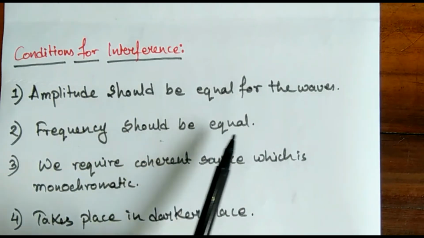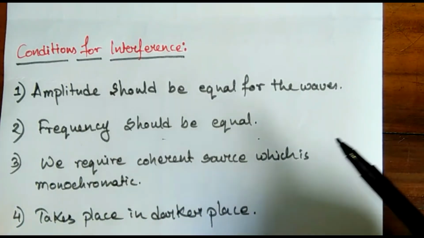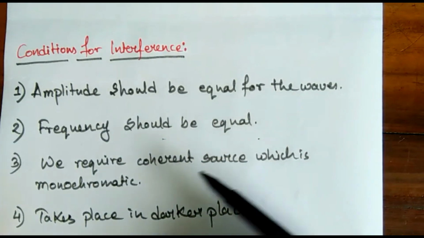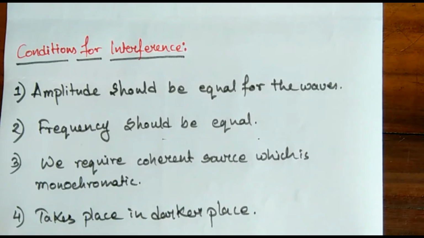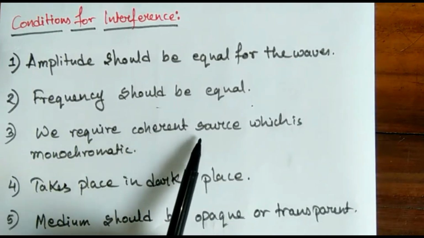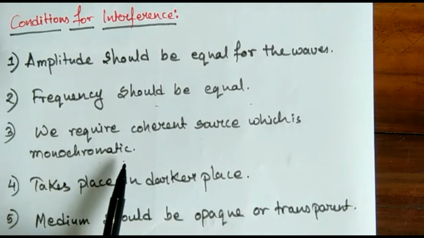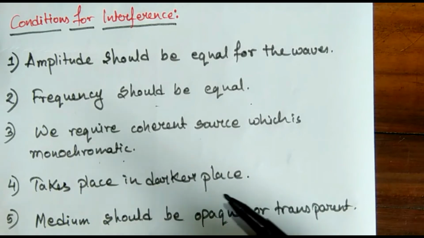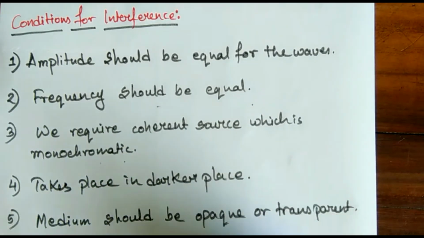And then the frequency should be equal, because in order to pass those waves in a single medium, these conditions must be there. And then we require a coherent source which is monochromatic. What is monochromatic? Monochromatic is when the light source consists of one single color and single wavelength.